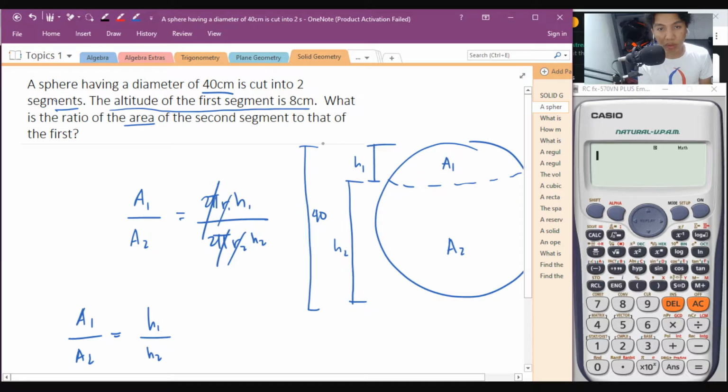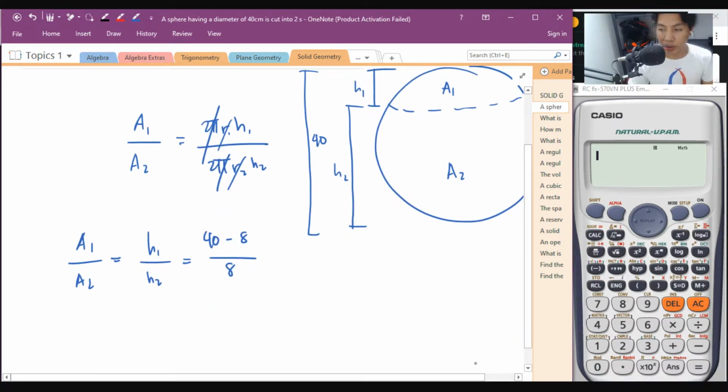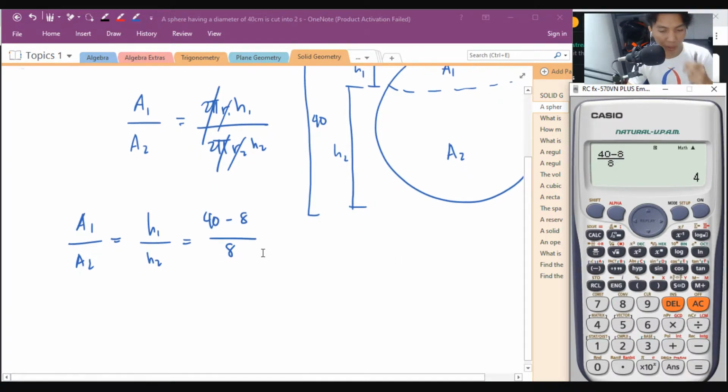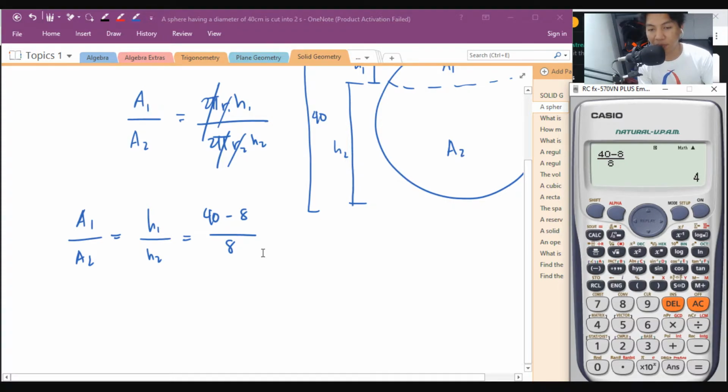Yung H1 mo kasi is 8 cm. Ibig sabihin, this will become 40 minus 8 over H2. Ilan yun? 8. So, what will be their ratio? So, 40 minus 8 divided by 8. Ang ratio nila is 4. Okay? Very basic pa yung number 1.